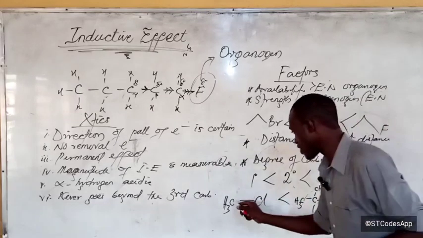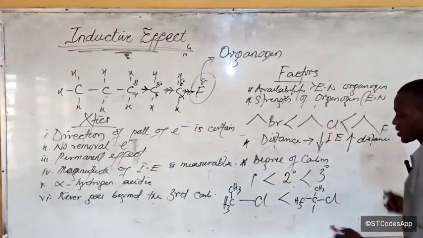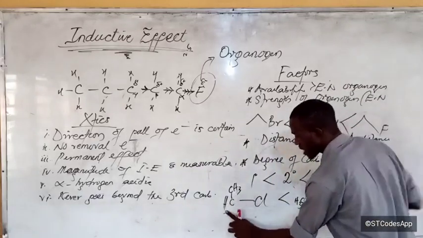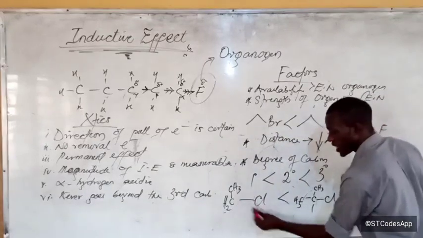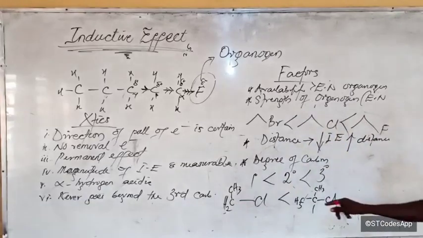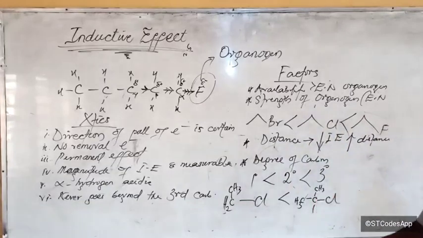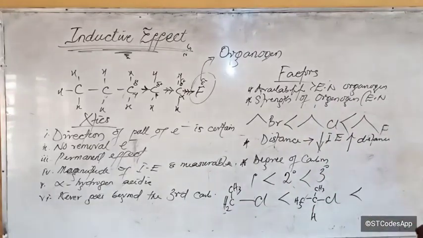This one is attached to one carbon atom. Is that okay? When the carbon attached to the halogen is attached to only one carbon atom, that is the primary carbon. When the carbon is attached to two carbon atoms, it's called a secondary carbon. That is one way to remember it. And this effect will be less than the one felt by this one.